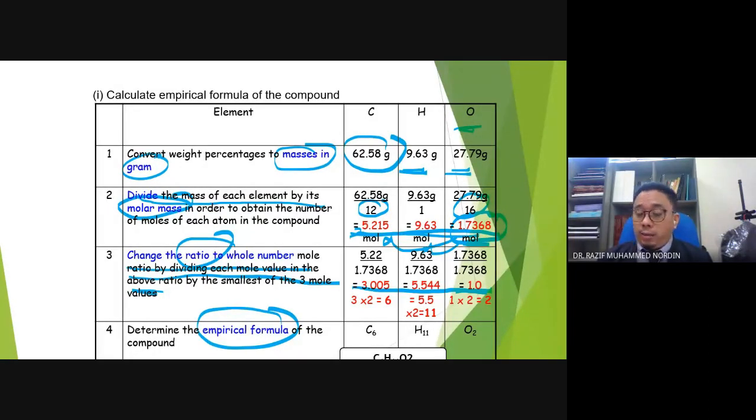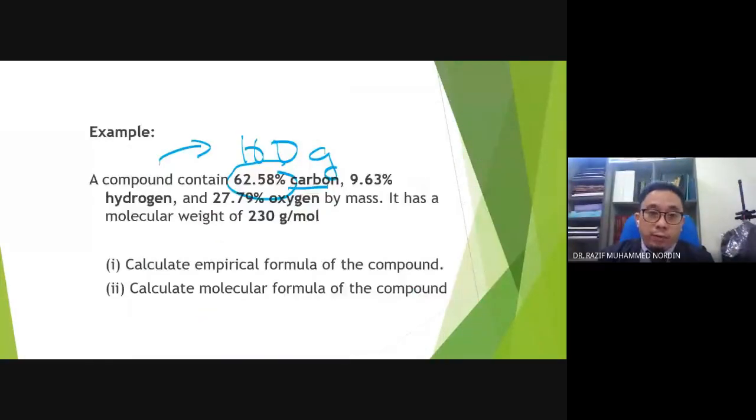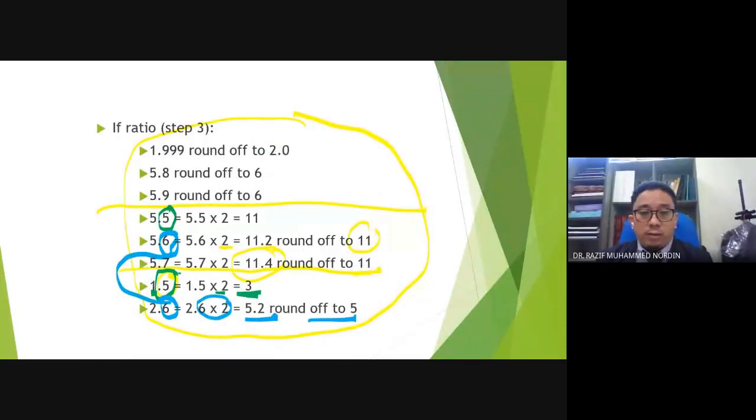From here, be careful, you have to look between these three elements in the compound, which one is not whole, somewhere around 0.5. If they are 0.5, 0.6, 0.7, this is the concept used in Perlis. In Indonesia it may be different, so for this you should consult with Dr. Muhammad.